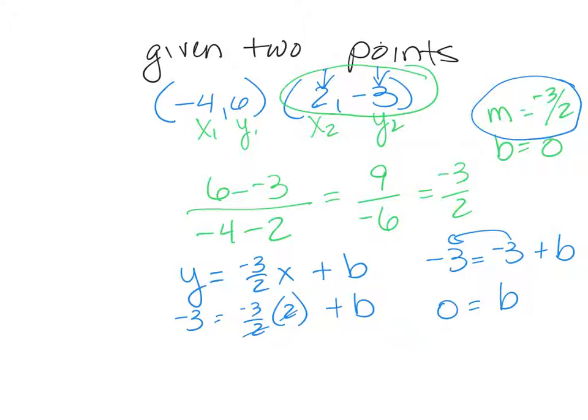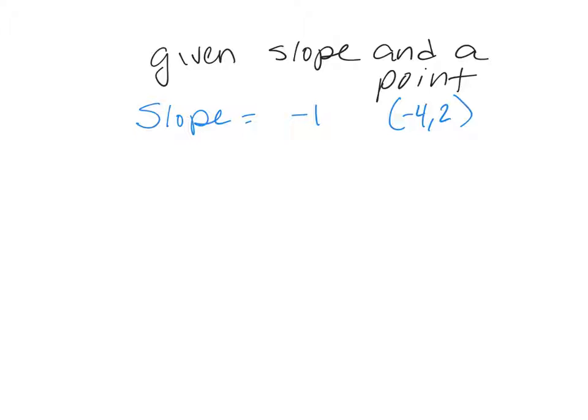So if b is 0 and slope is negative 3/2, am I ready to write my equation? Once I have that complete, I can put in y equals negative 3/2 x plus 0, which you don't have to write technically.